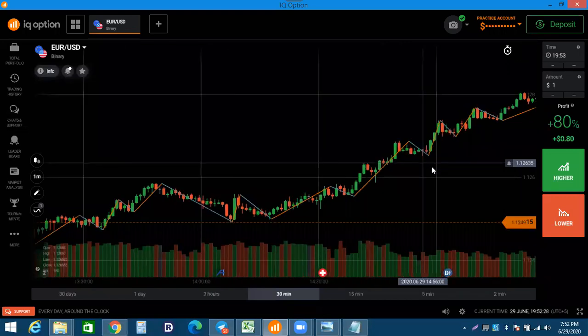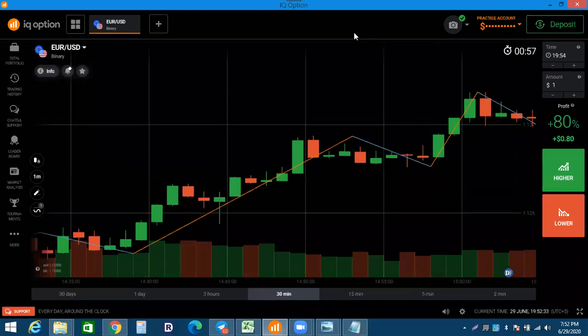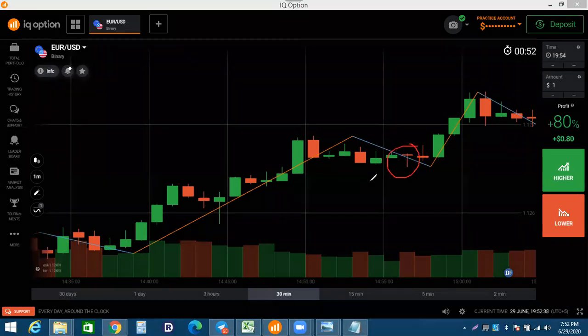Okay, so here we found this type of pattern. It shows that volume is increasing from the previous two candles, also above this average.